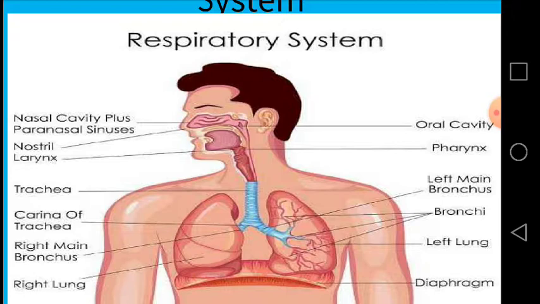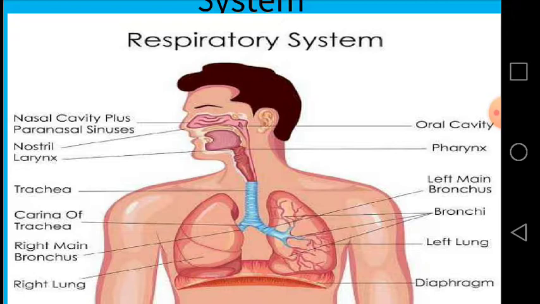The bronchi divide into smaller tubes called bronchioles, leading to the air sacs known as alveoli, singular alveolus. The alveoli are surrounded by dense capillary networks and are the site for gaseous exchange between the air in the lungs and the blood, which we will discuss in the later slides.